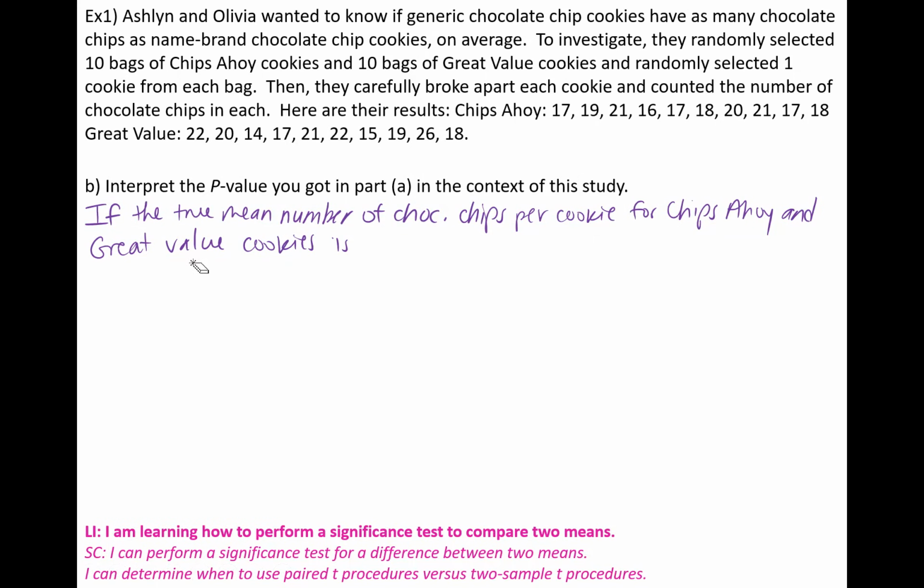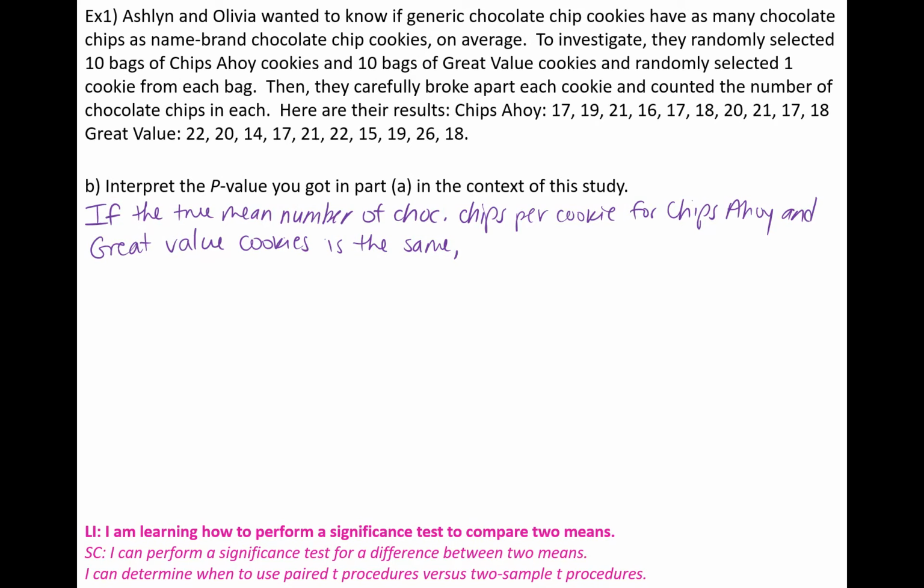That's basically our null, that there's no difference, they're the same. So we start by assuming the null hypothesis is true, assuming that the mean number of chocolate chips is the same for the two brands.